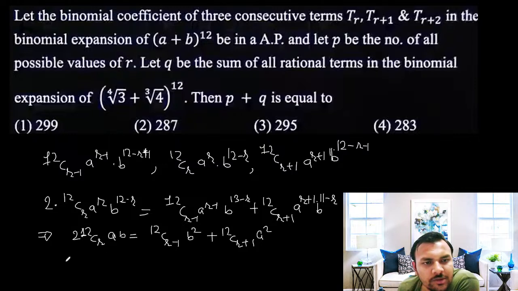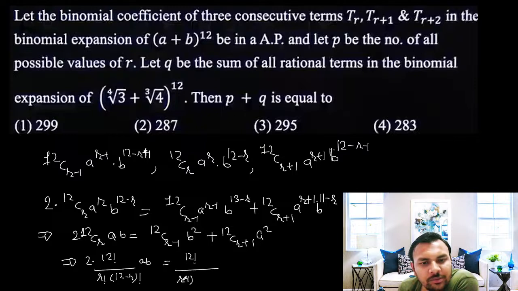Okay, so now we can do further: 2 · 12 factorial, r factorial, (12 minus r) factorial, ab over 12 factorial, (r minus 1) factorial, (13 minus r) factorial, b square, 12 factorial, (r plus 1) factorial, (11 minus r) factorial, a square.